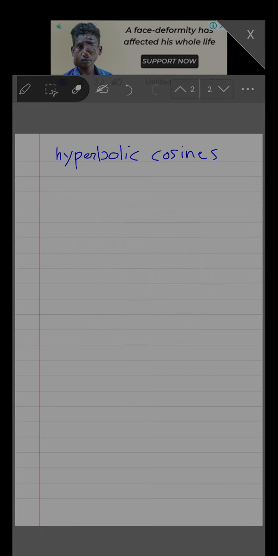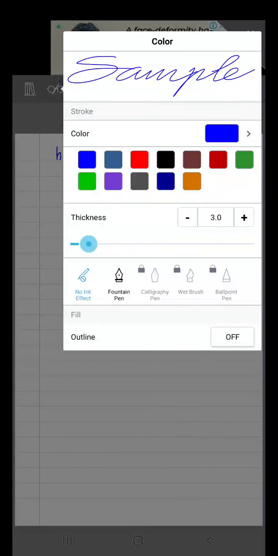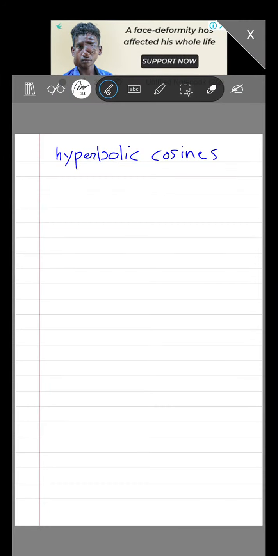Suppose the following values are given, for x and cosh x: for 0.1, the value of cosh x is 1.005.